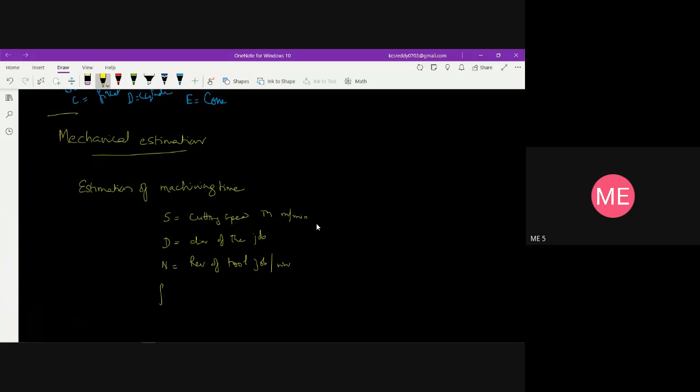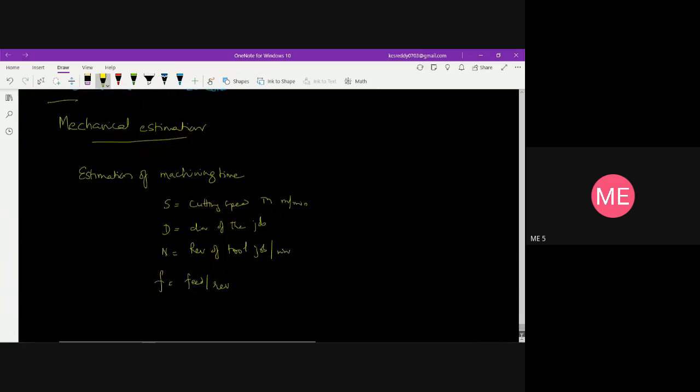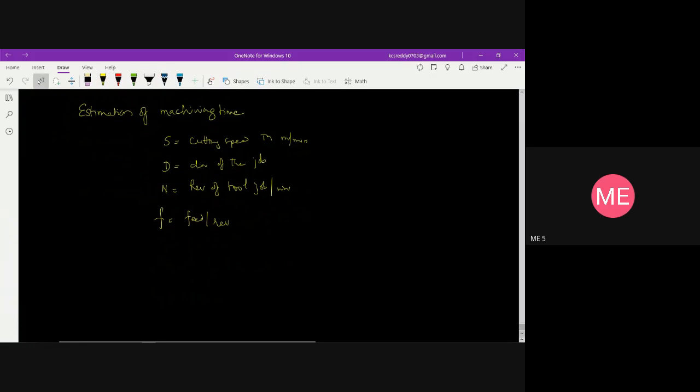And say I have taken the feed per revolution, then how to calculate this cutting time or machining time? How much time is required to complete a job?